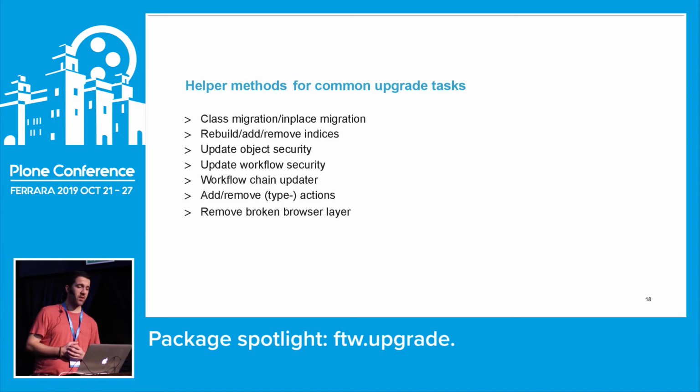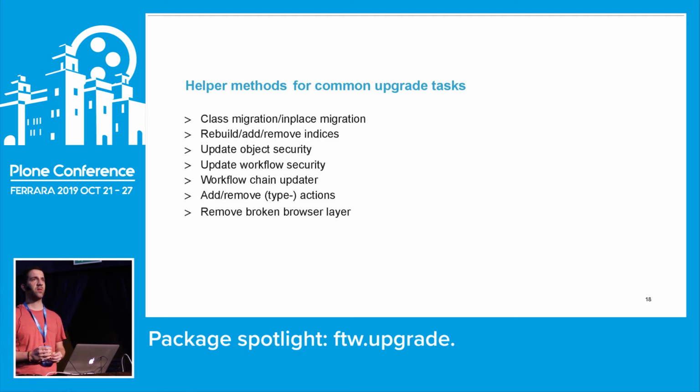Great. Now let me mention some helper methods that we provide. They are available on the upgrade step base class, which is also automatically put there as a scaffold in your upgrade.py module when you use bin/ftw upgrade to create new upgrade steps.